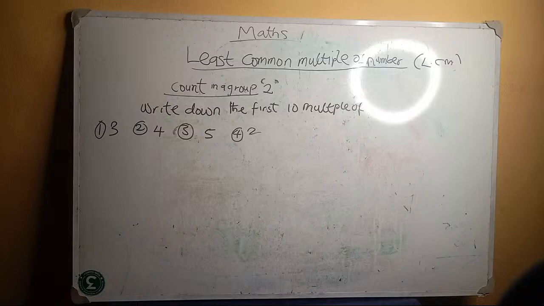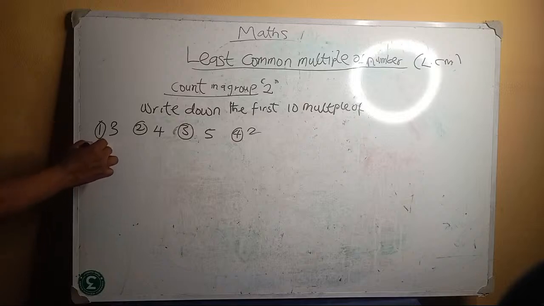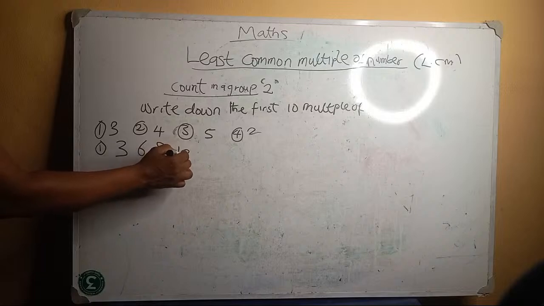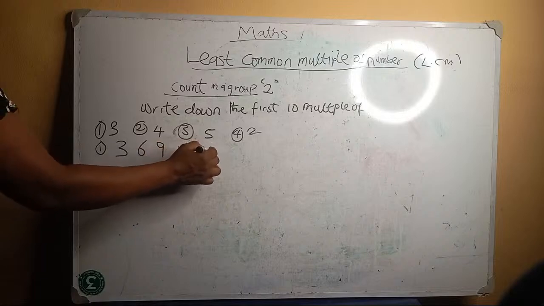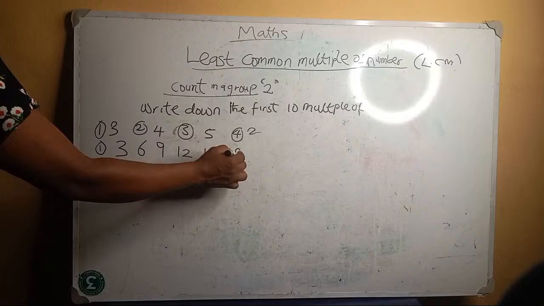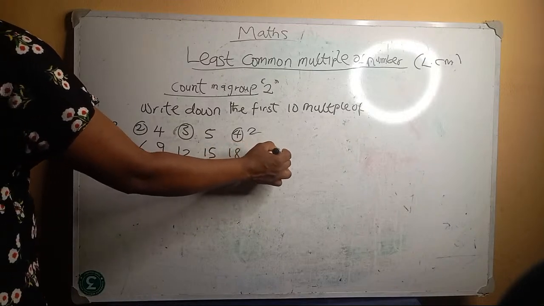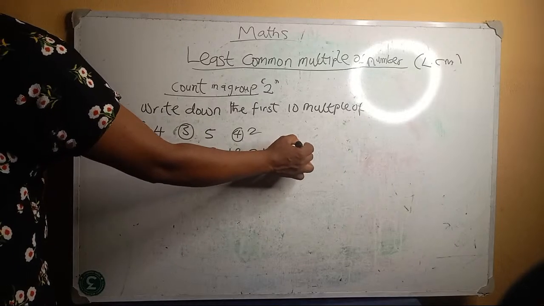So now let's go ahead. The first 10 multiples of 3, this is number 1, is 3, 6, 9, 12, 15, 18, 21, 24, 27.